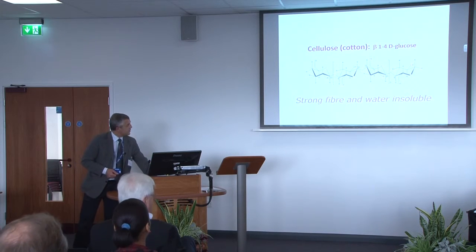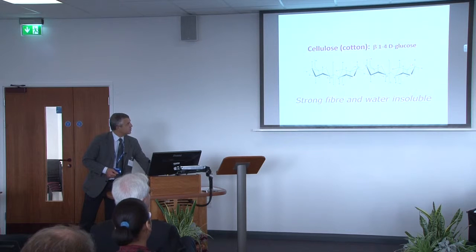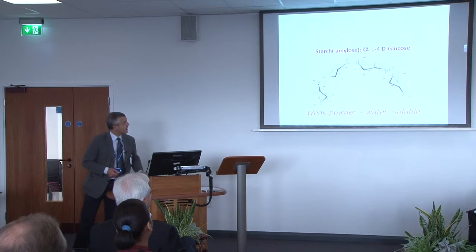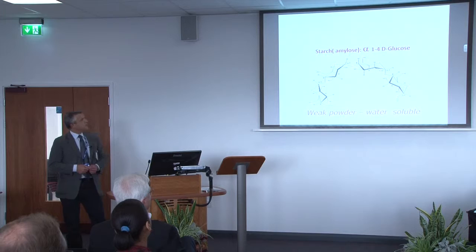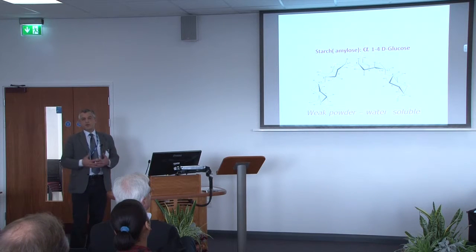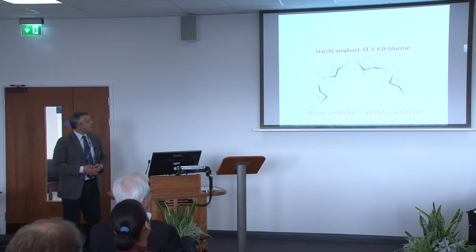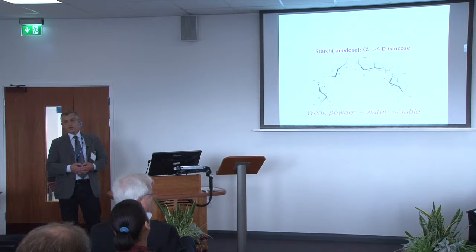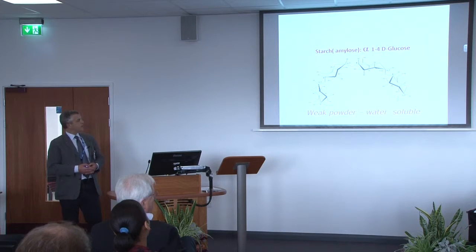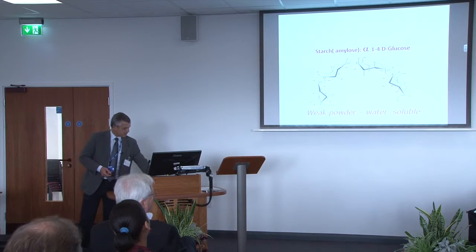If you have the same sugar unit, but change the linkage from beta to alpha, you basically have amylose, which is part of the starch, and this gives us a weak powder and water-soluble material that completely dissolves in water.